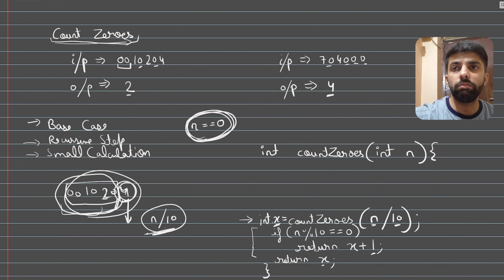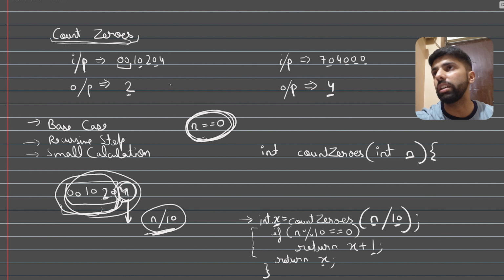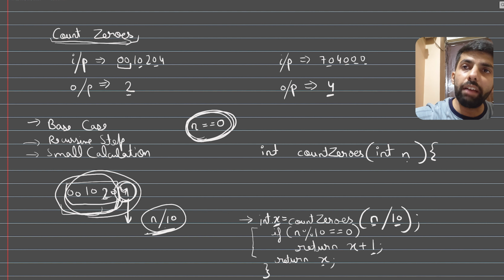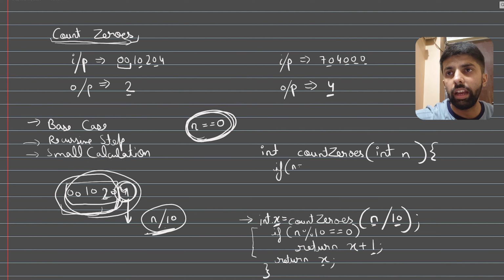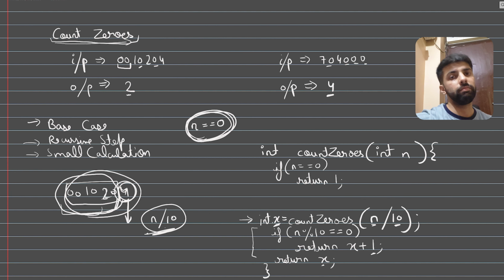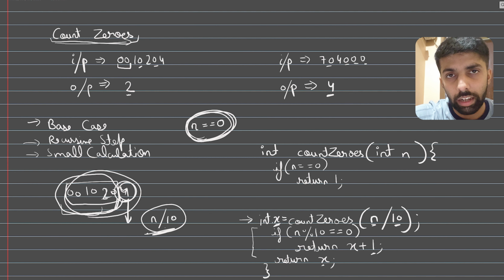If n was 0, that means I will have a 1 0, so it should return 1. So if I write if n is equal to 0, return 1, this seems to be a correct base case, but actually it's not.